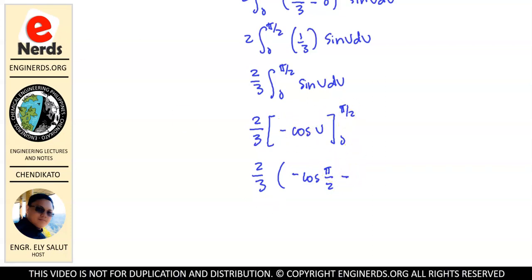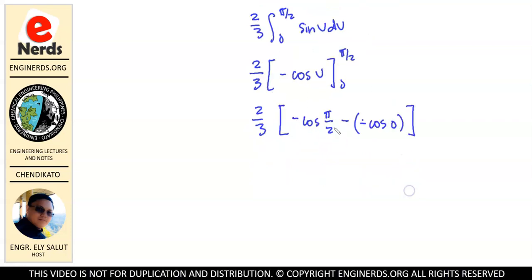Okay? So, palitan nga natin ito kasi nakakalito. Palitan natin ito ng bracket. No? Okay? Minus cosine, negative cosine of u, papalitan natin ng 0. Okay, so this will be 2/3 negative cosine of pi over 2 plus cosine of 0.